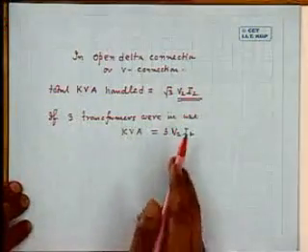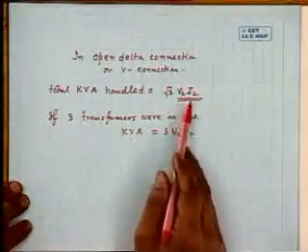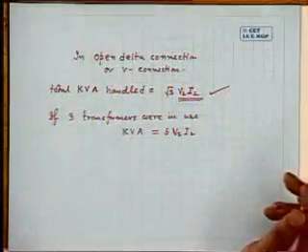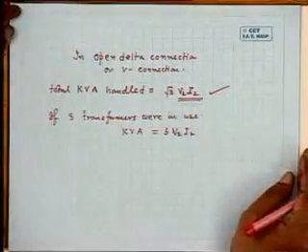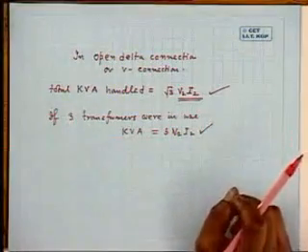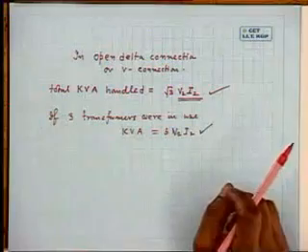So it will be reduced by a factor of 1 by root 3. That is about 58% of this one, the kVA handled by an open delta transformer. So I can calculate the kVA.